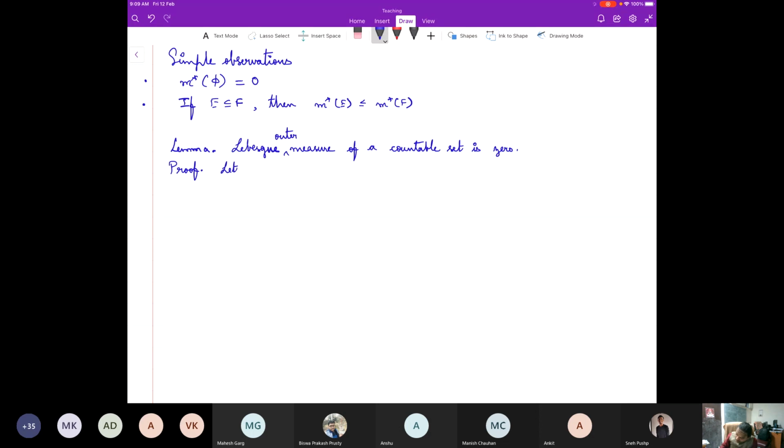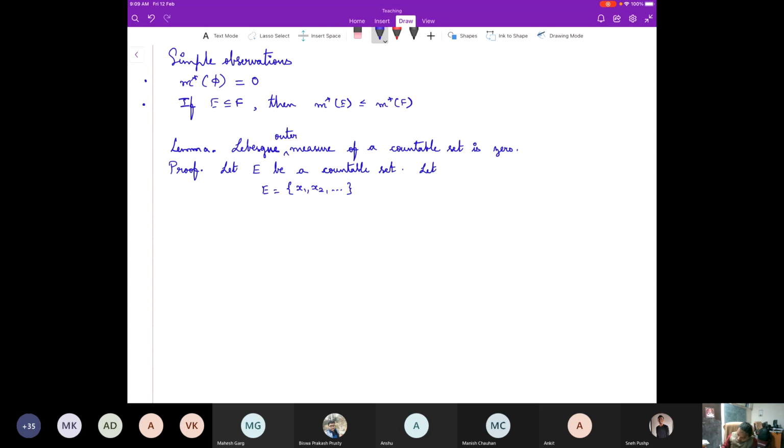So let E be a countable set. Let me list down the elements. Let E equal to x1, x2, up to whatever it may be.